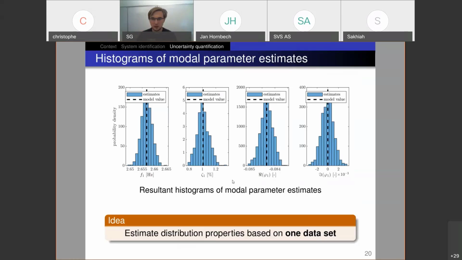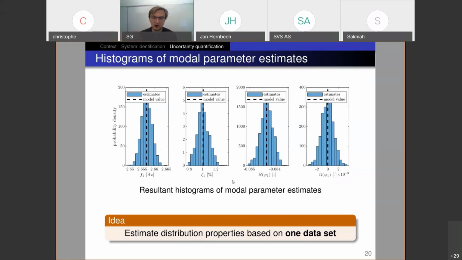And for example, we can be unlucky, for example, for damping ratio, and have this estimate of 0.8% when the true value is 1%. But the estimate is still considered as a good estimate.